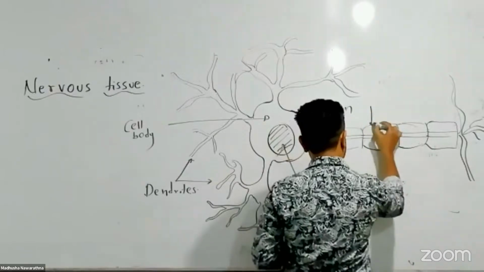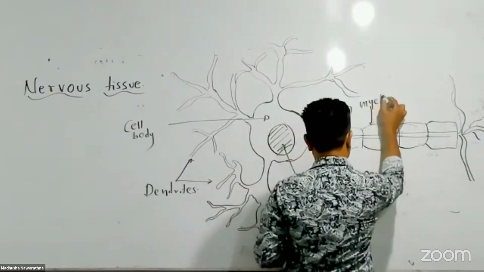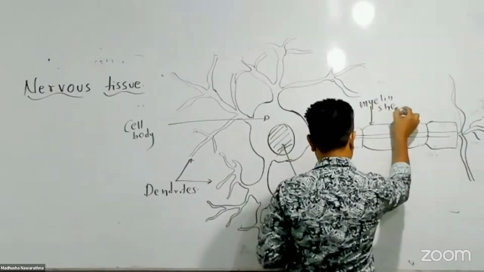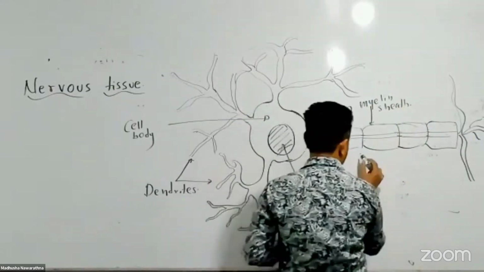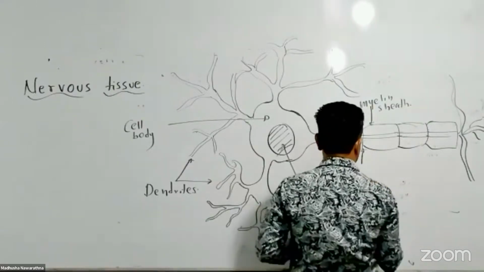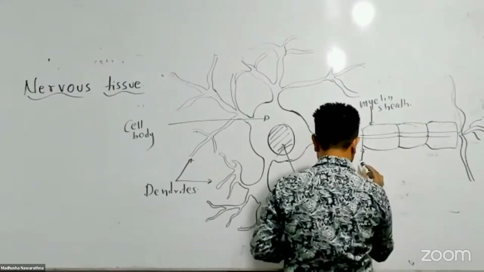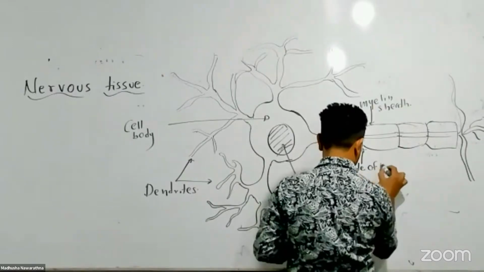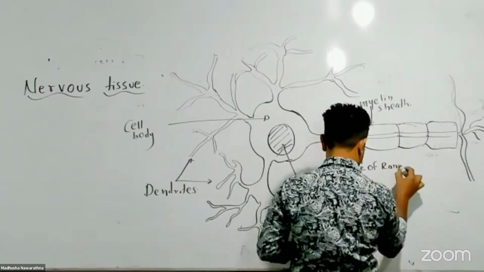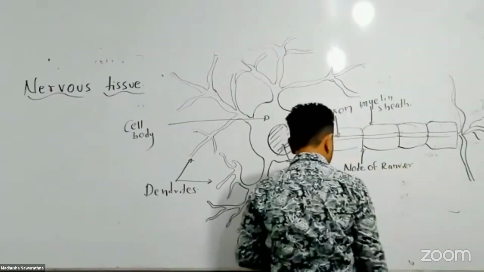Then the myelin sheaths, and in between these myelin sheaths you can observe the node of Ranvier.